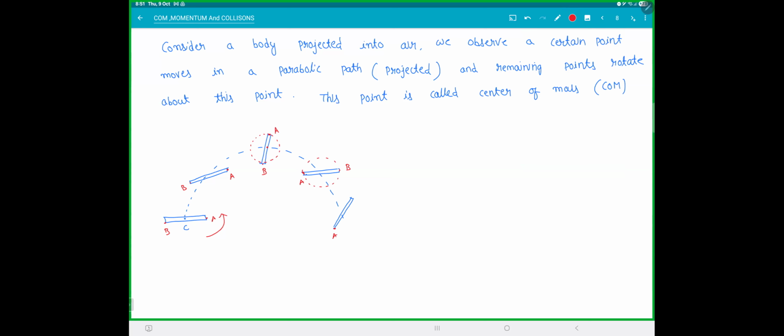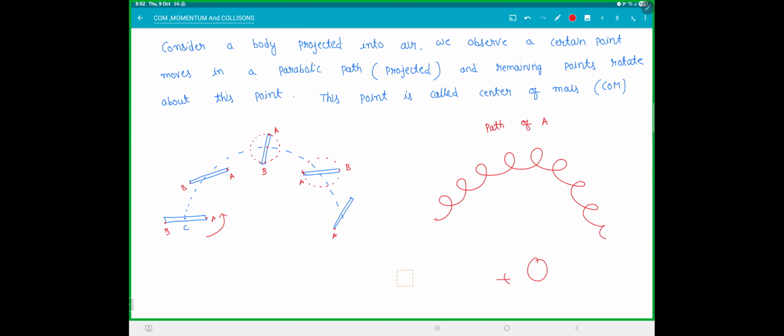So if I actually ask you how is A going, this will be the path of A. It's like some jalebi types. Can you see how the path is pretty complex? But if I ask you to study A, all you need to do is find the position of the center, and from the center find the position of A. So this is actually a combination of a parabola plus a circular motion.